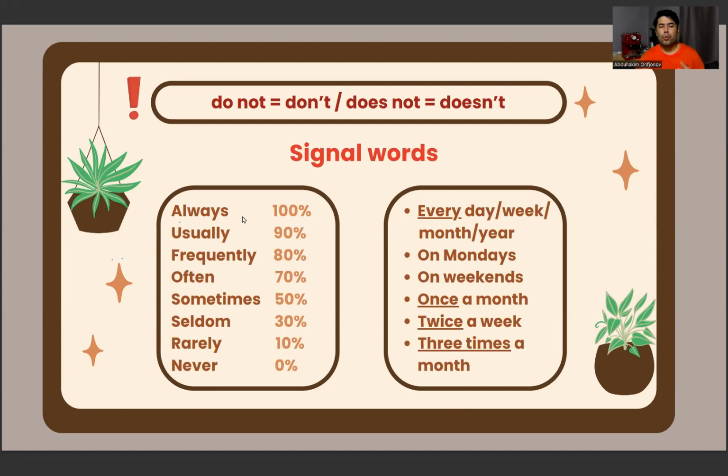Always, we do something, it's 100%. Usually 90%, frequently 80%, often 70%, sometimes 50%, sometimes we do, sometimes we don't. Seldom 30%, rarely 10%, never, no, 0%.